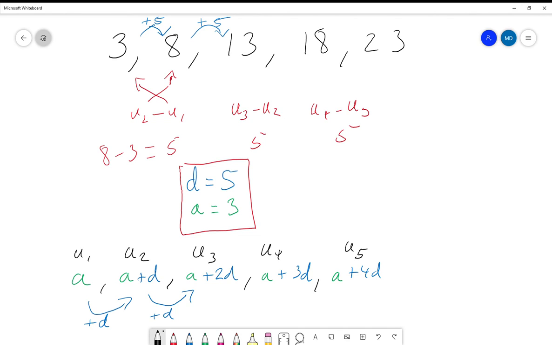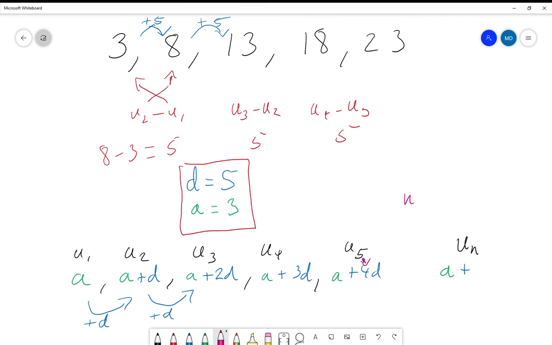And now we should be noticing a pattern between the term number, our n being the term number, and these expressions. They all have exactly one a, so we can write this down. Un is going to be equal to a, plus, and notice here that the number of d's is one less than the term number.